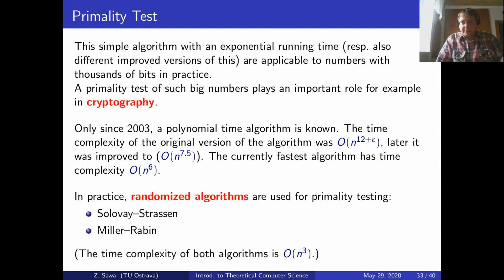This way allows us to generate big primes.